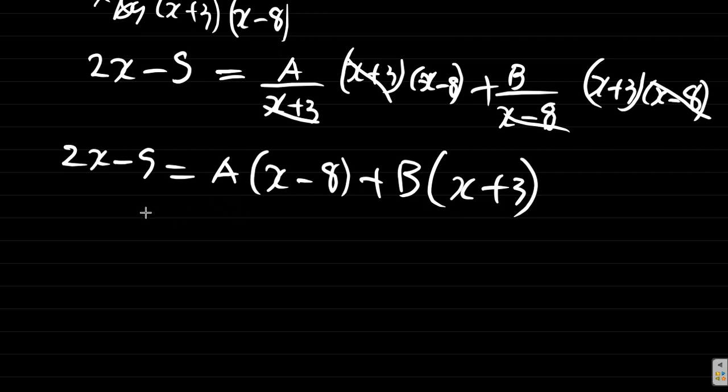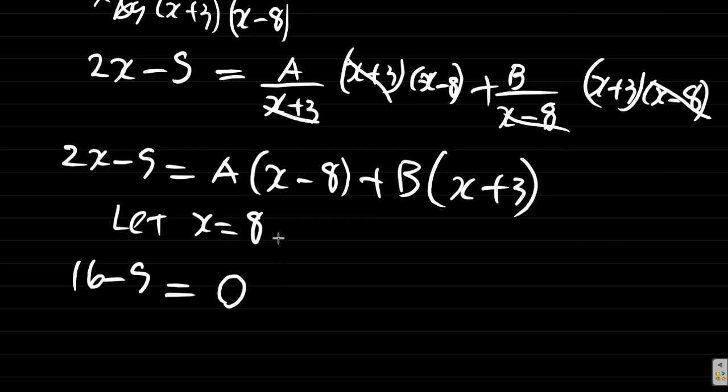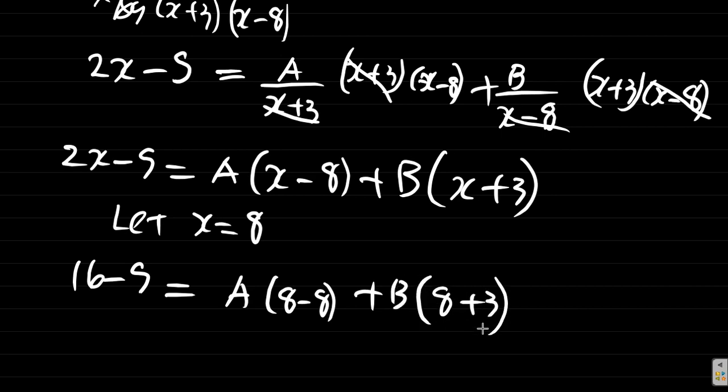Alright? Now, let's get rid of a. How do we do that? We're going to have x minus 8 equals 0. So, let x equal 8. So we have 2 by 8, 16 minus 5 equal, it would be 0, because what we would have is a times 8 minus 8 plus b times 8 plus 3.